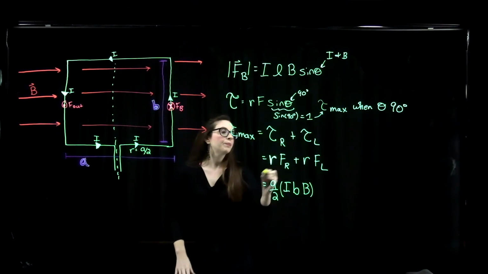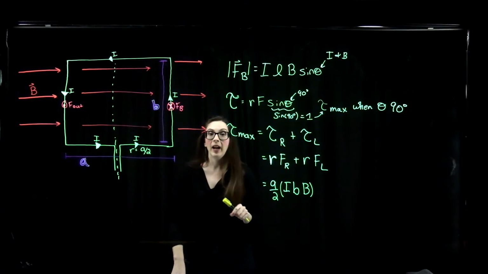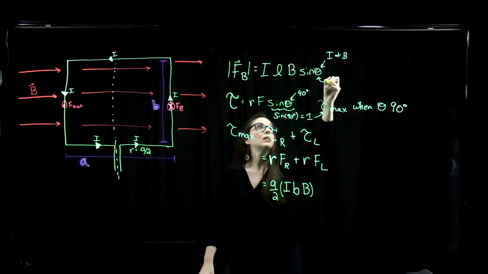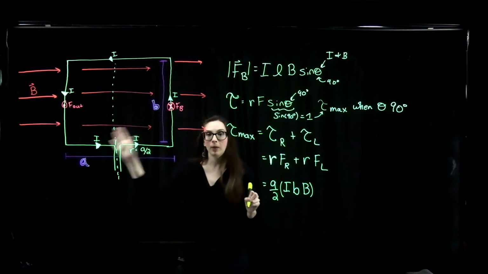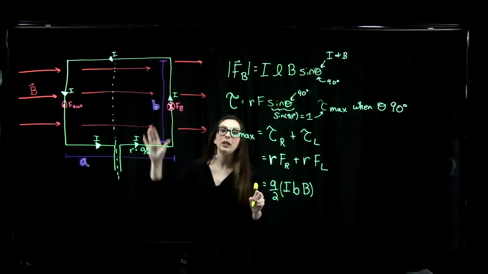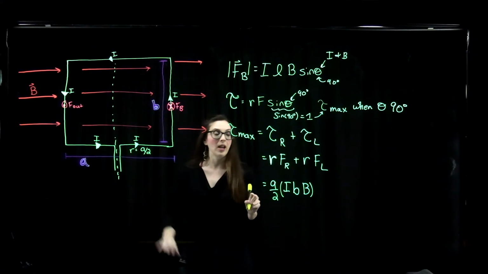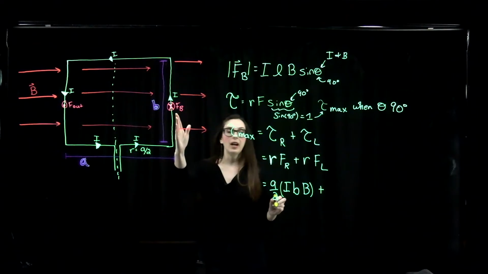Also, this magnetic force is maximum when I and B are perpendicular, when this is 90 degrees. And that is the case here for this particular snapshot in time that I'm showing you for this loop, this special case. That's for this side.